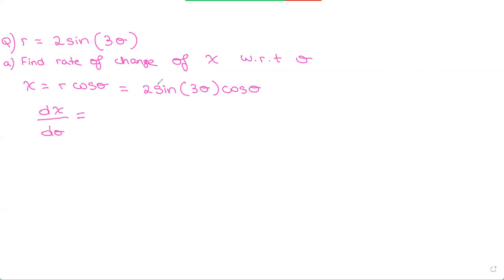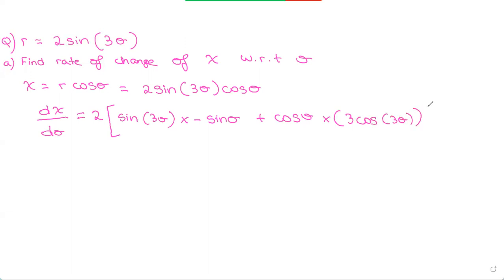So we differentiate this, using the product rule: 2 into sine 3 theta times negative sine theta, plus cosine theta times 3 cosine 3 theta.